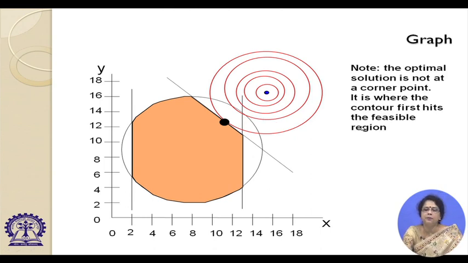Now, let me extend this problem to the maximization type. That means the objective function can move further. What have you noticed here? You have noticed that the optimal solution is not coming at the extreme points, or rather the corners of the feasible space. Rather, it is somewhere at the edge of the feasible space.